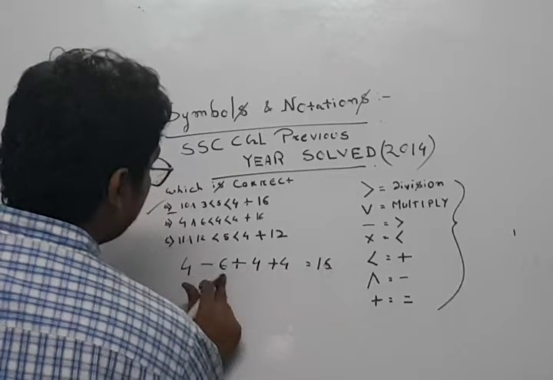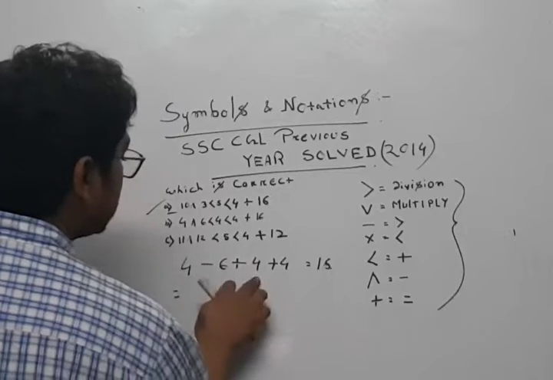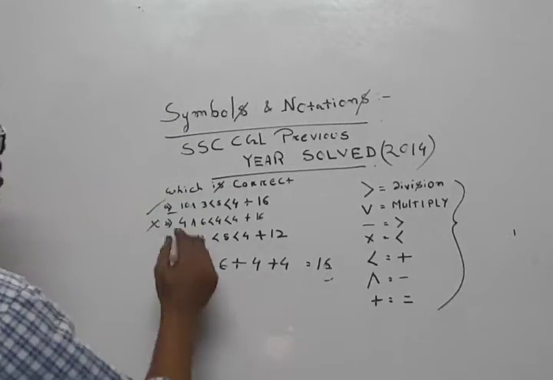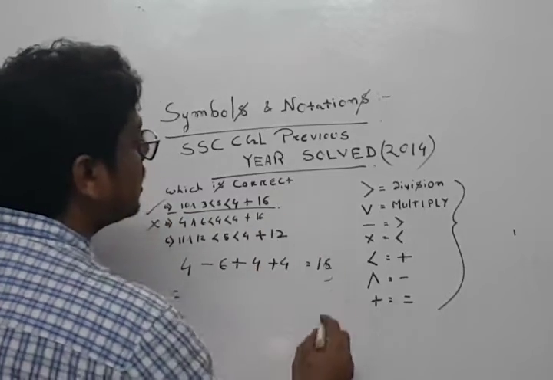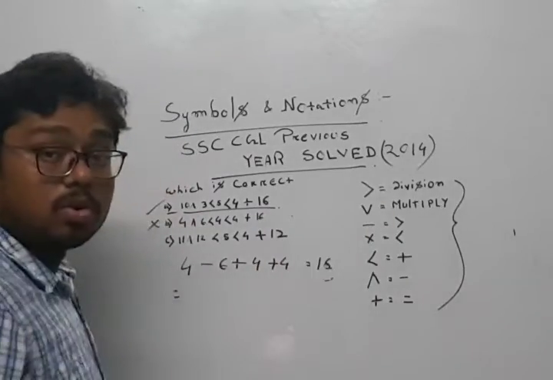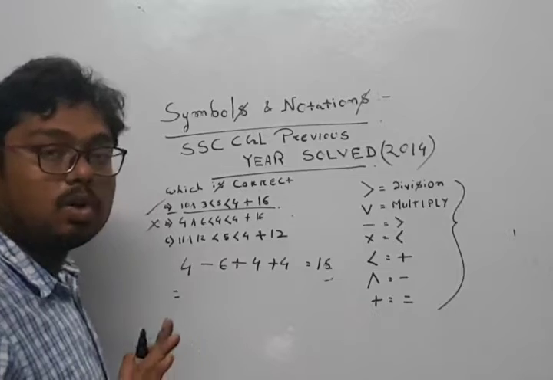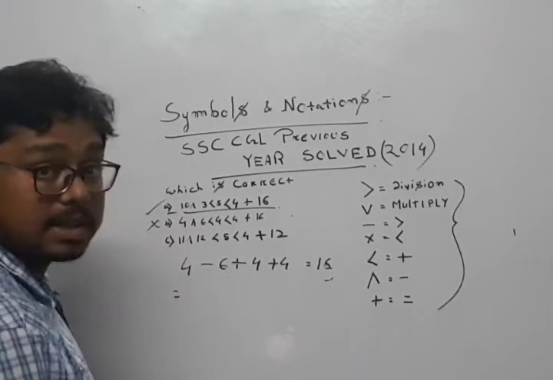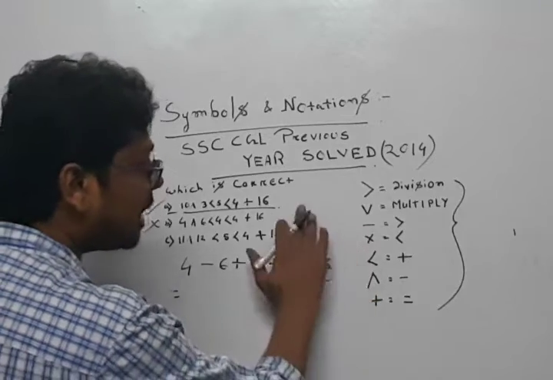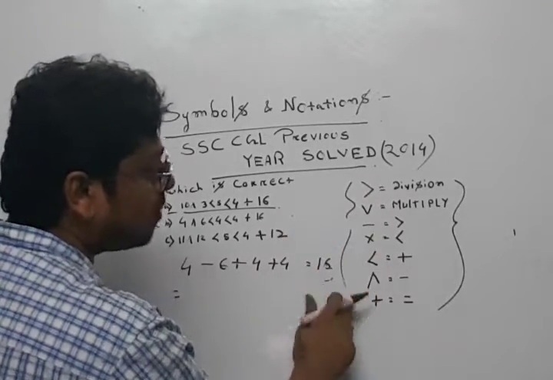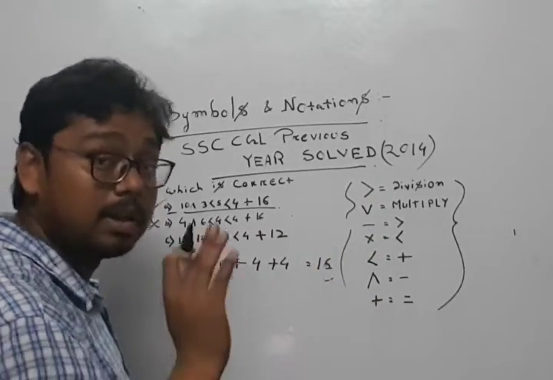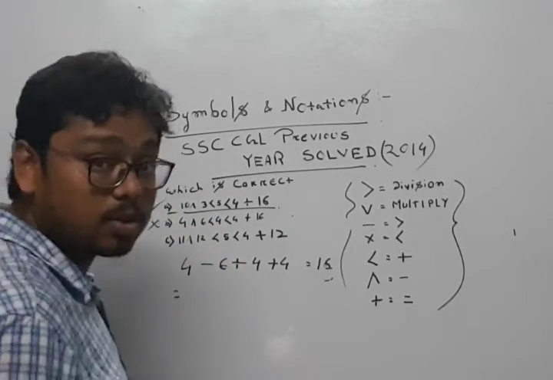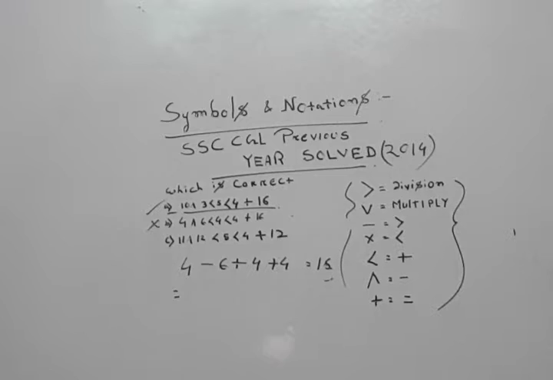Because 2 plus 4 is 6 and 10, the answer will be 10. So that's not the right answer. You can see those questions are not so tough. Questions are easy. You just have to practice and have the concept of those conditions. That will be the key to success in this exam. Okay, let us move to the next question.